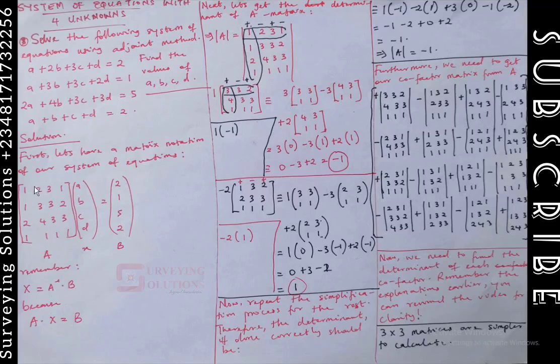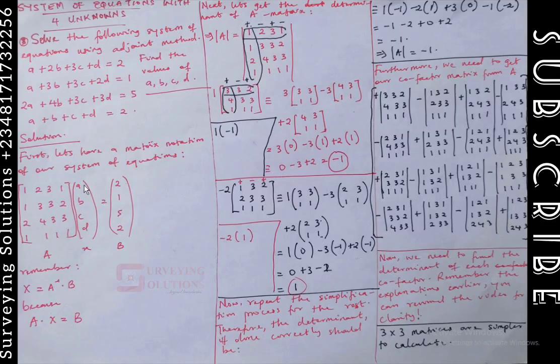The coefficient of a is 1, the coefficient of b in equation 1 is 2, the coefficient of c is 3, and the coefficient of d is 1.